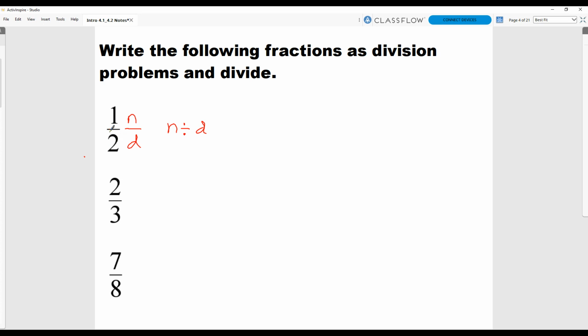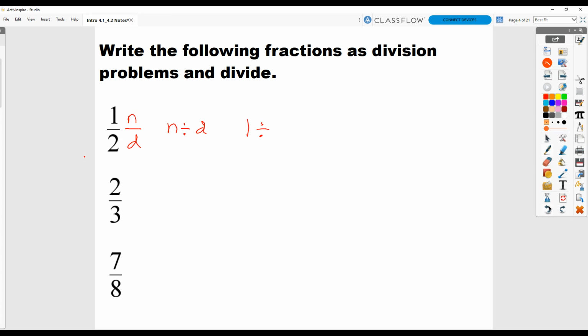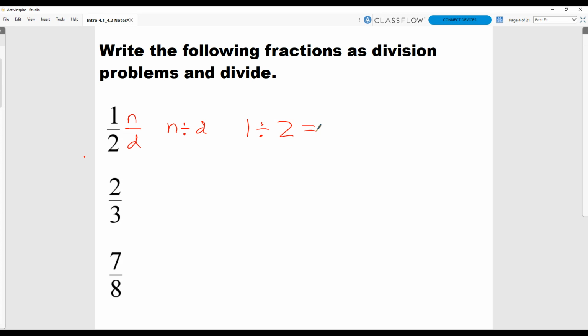If I use the numbers to write this out, this division problem written horizontally would be 1 divided by 2, and we'll see what that equals. The reason I write these letters down each time is to help myself stay organized, because a very common mistake that people make is writing 2 divided by 1.